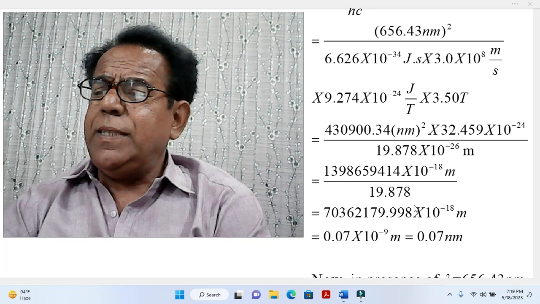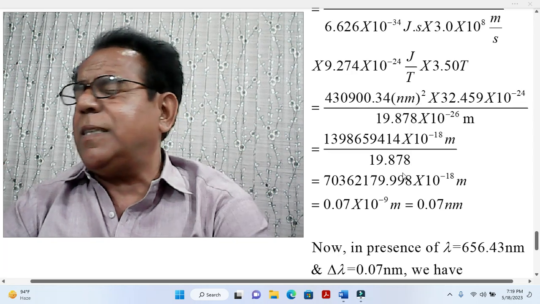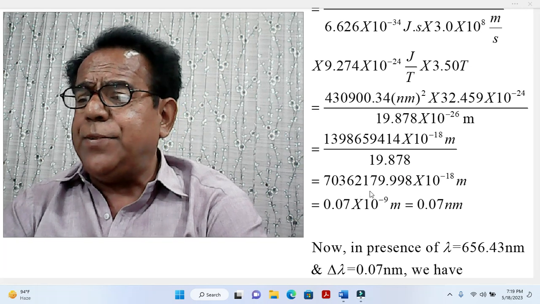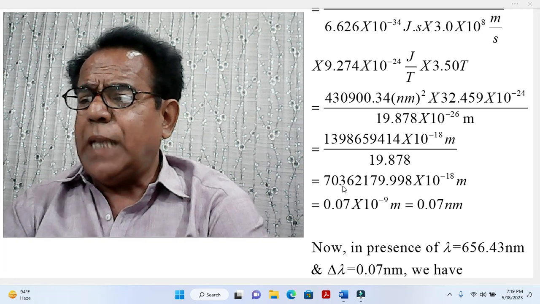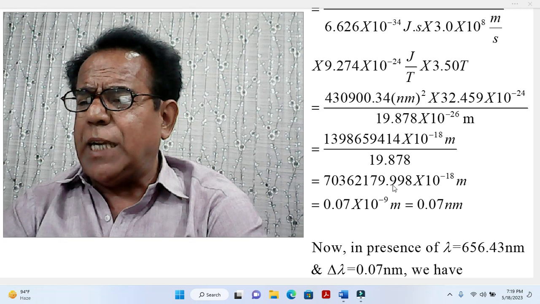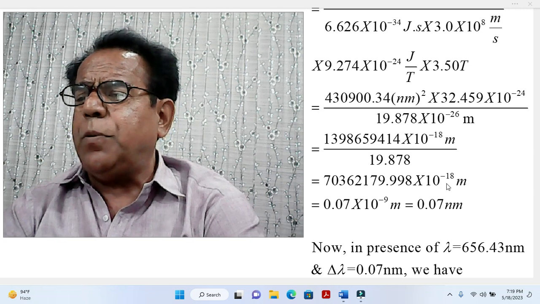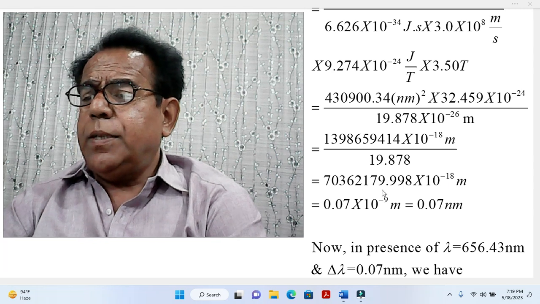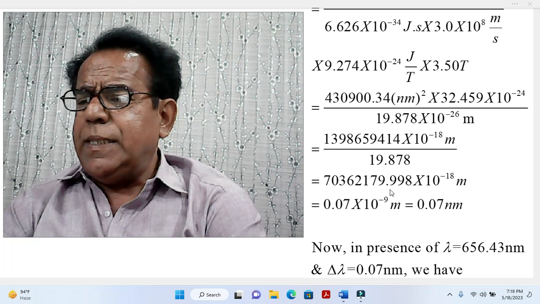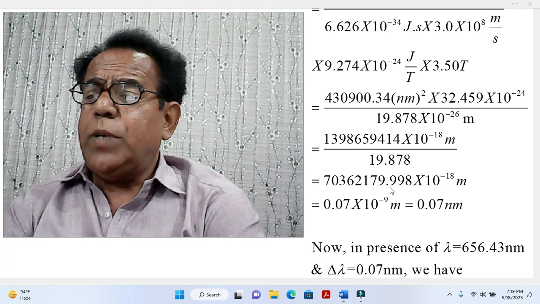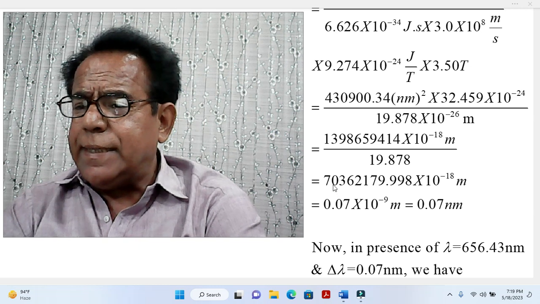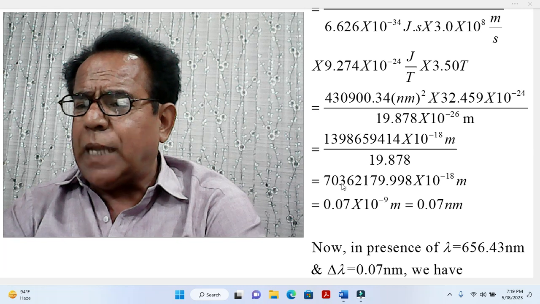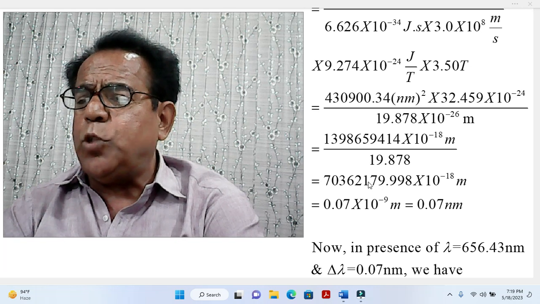So, dear students, in the next step, this is just simplification. Just simplification gives rise to this form, 703621799.998 into 10 to power minus 18 meter, and dear students, this figure can be written as 7.03 into 10 raised to the power 7.